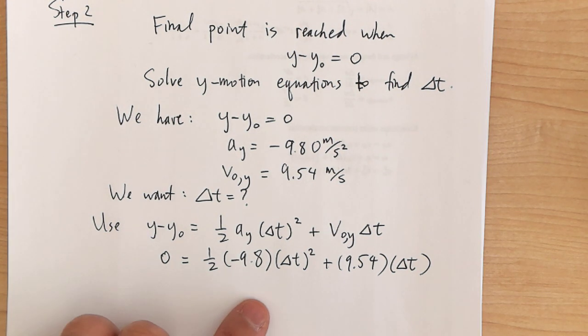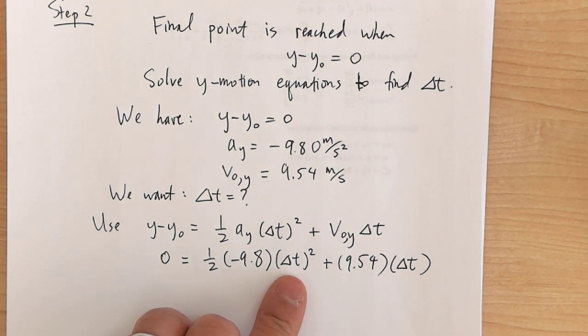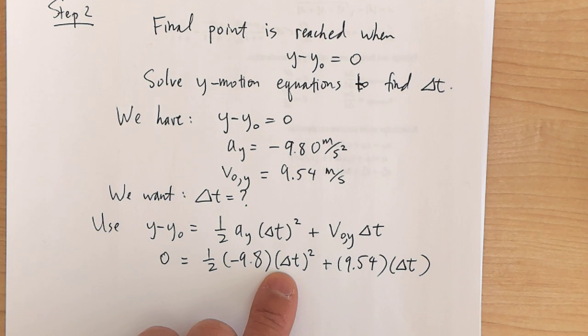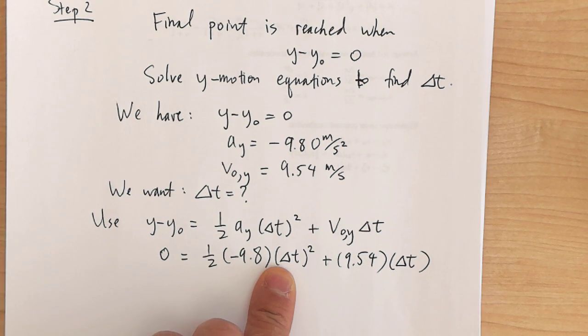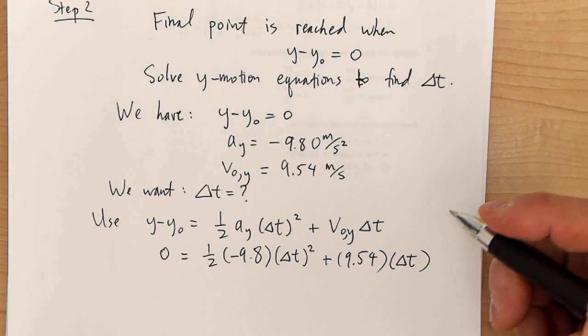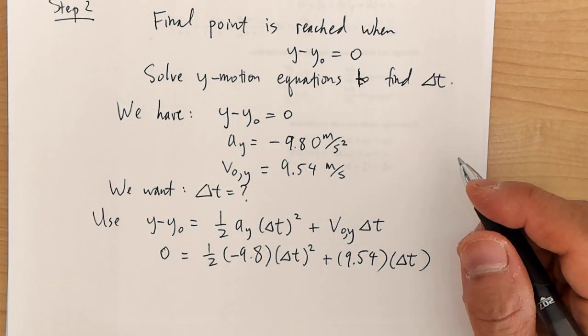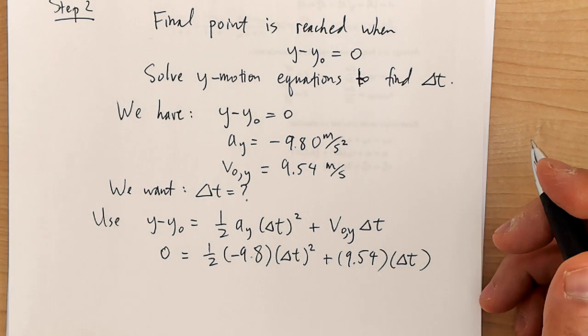Let me show you a shortcut. Delta t equals 0 is a solution of this equation. That's a time when the ball is on the ground, because it starts from the ground. Okay, that's what the equation is telling you. But delta t equals 0 is not the solution I want.